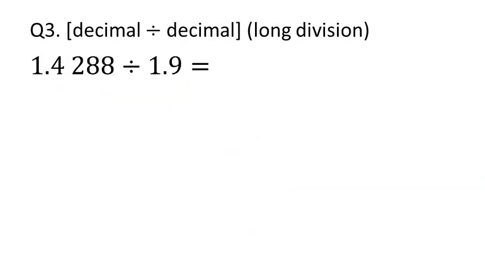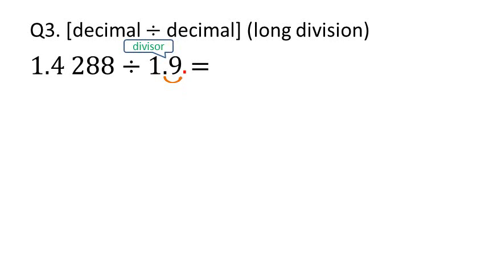Let's try one more question. 1.4288 divided by 1.9. First of all, check the divisor, which is 1.9. Since we want to change 1.9 to a whole number, we need to move the decimal point one place to the right.